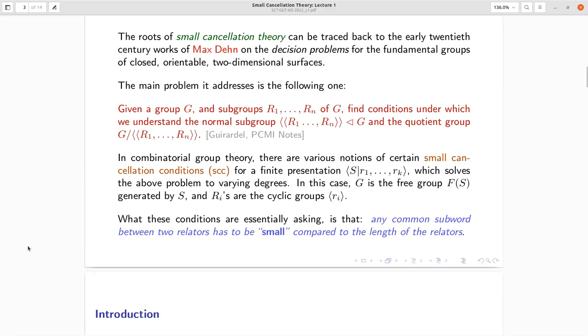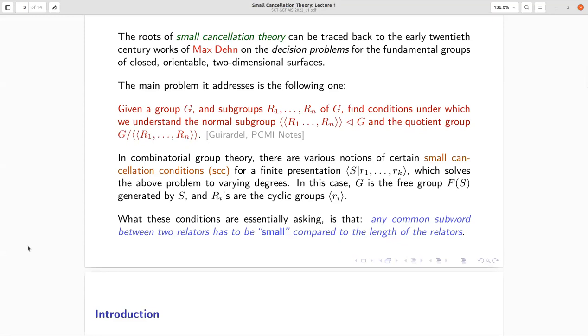Now, in a different form, the main problem that small cancellation theory tries to address is: suppose we start with a group G and we have subgroups R1, R2, ..., Rn in G. This is a study of finding conditions on these subgroups such that we can understand the normal subgroup generated by these subgroups better.